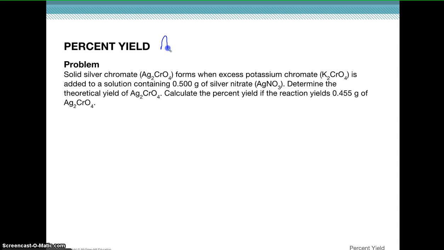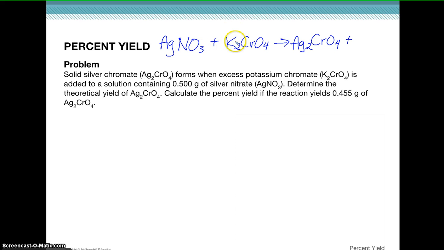So we have AgNO3 reacting with K2CrO4. This is a double replacement reaction, so the silver and the potassium are going to replace each other. It tells us that solid silver chromate forms, so that's our precipitate, Ag2CrO4, which means the other product will be potassium nitrate.